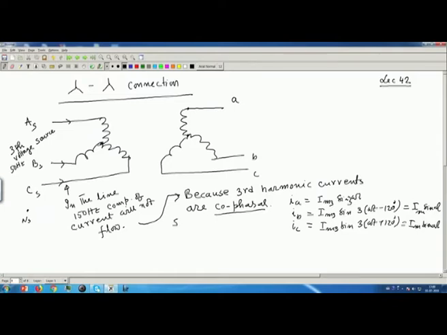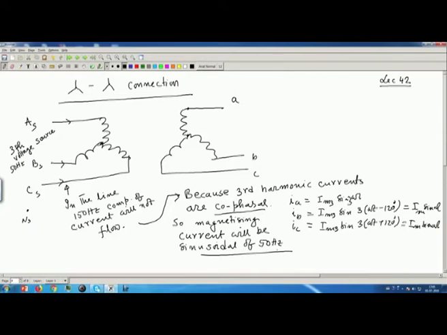So, the exciting magnetizing current will be sinusoidal of 50 hertz only, no question of other.